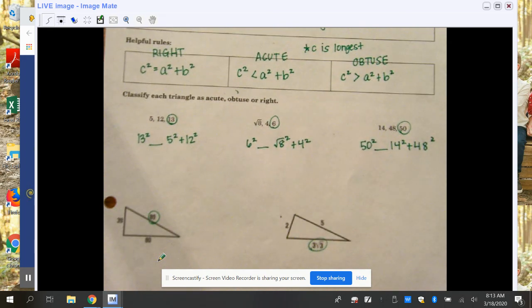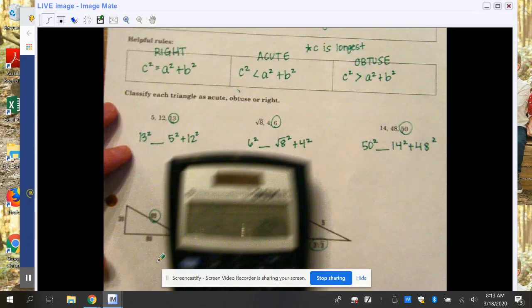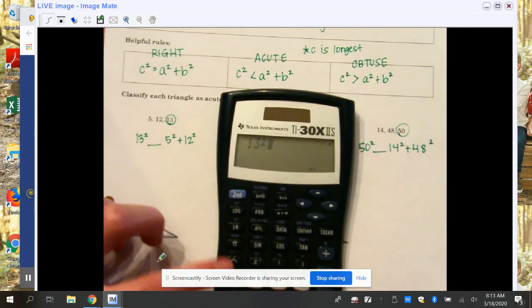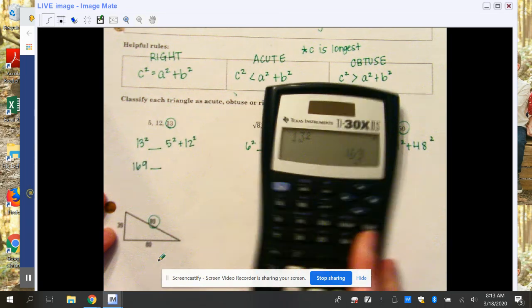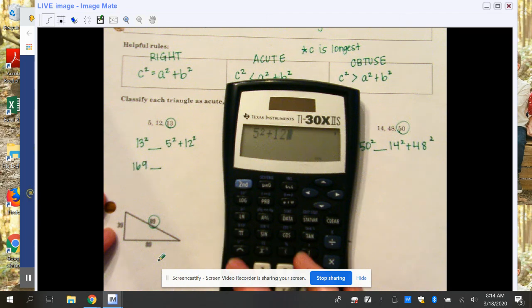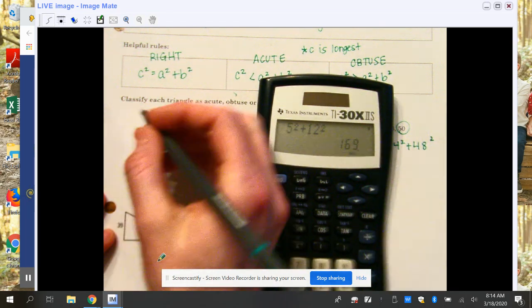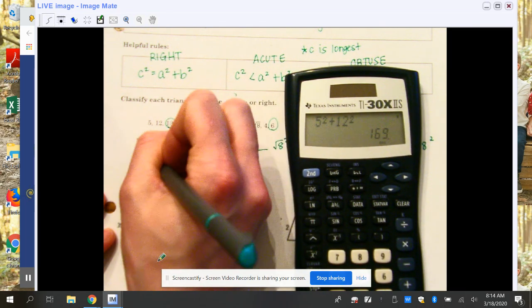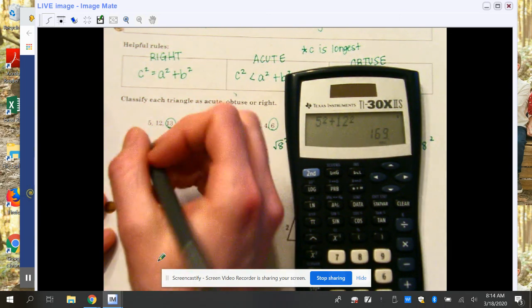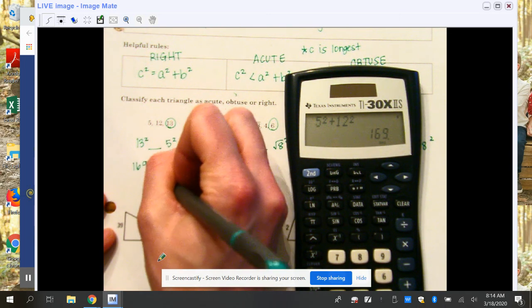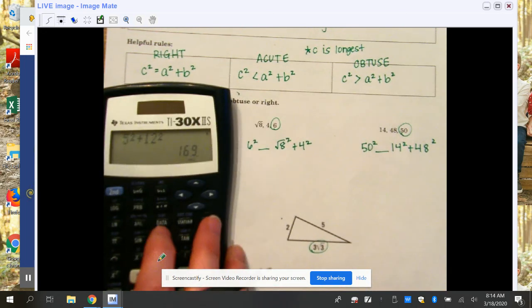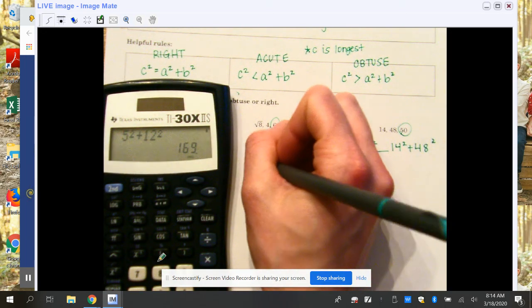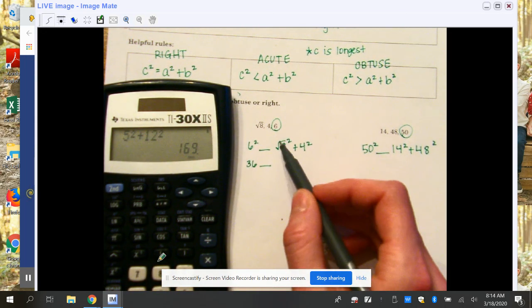Okay. Well, 13 squared is 169. 5 squared plus 12 squared is 169. So those are the same. That makes this a right triangle. This here, just to review this radical, I'm going to do in extra steps. Remember, when I square these, they cancel each other out.